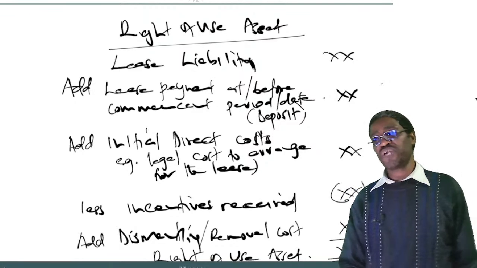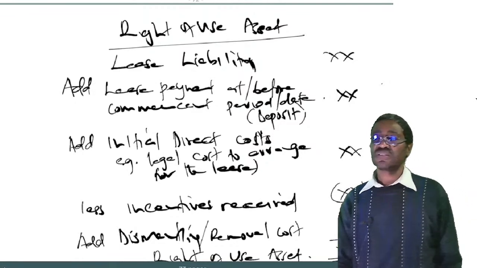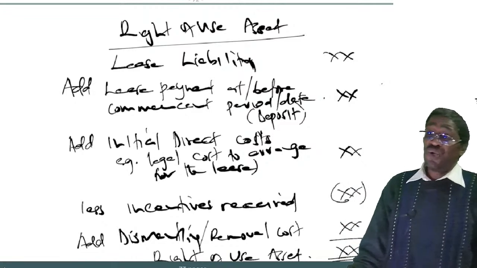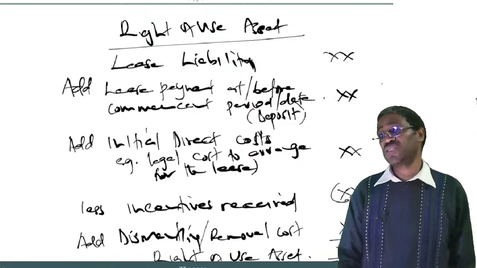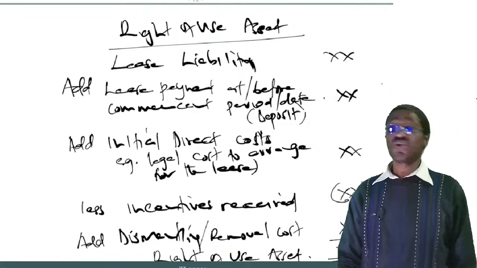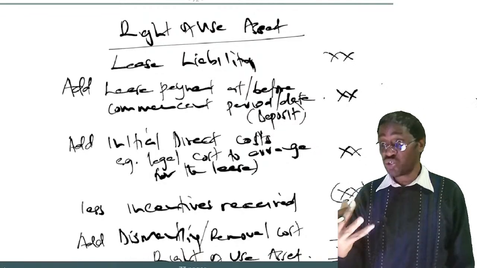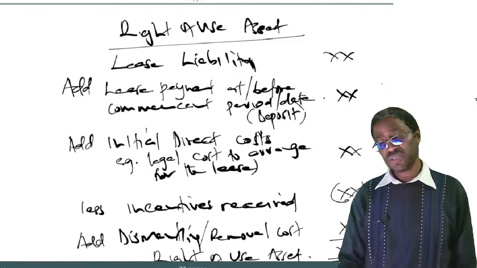You can put in brackets, deposit. Maybe it's an arrangement where you will be required to pay some deposit, whichever it is. That one we have said should not be discounted, but it's a cost to you as a lessee.